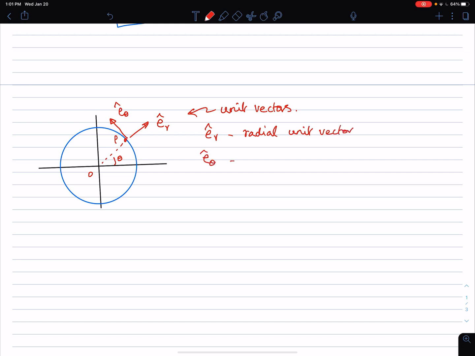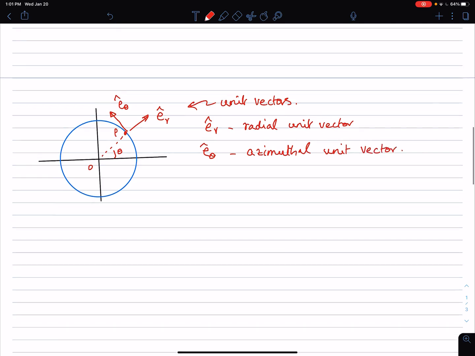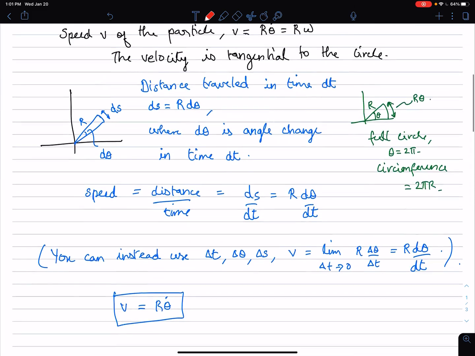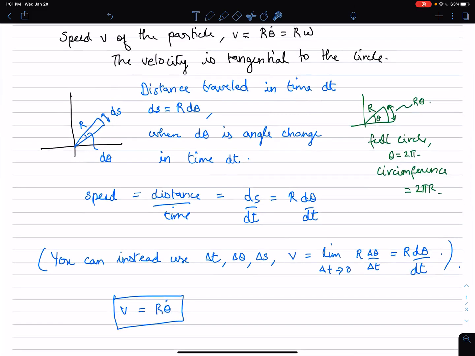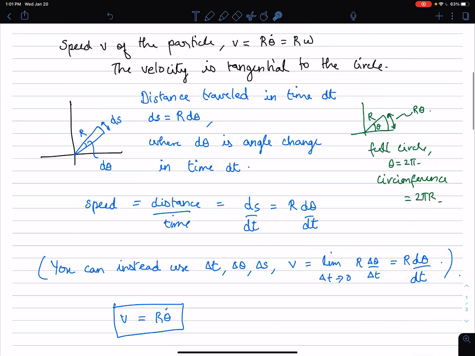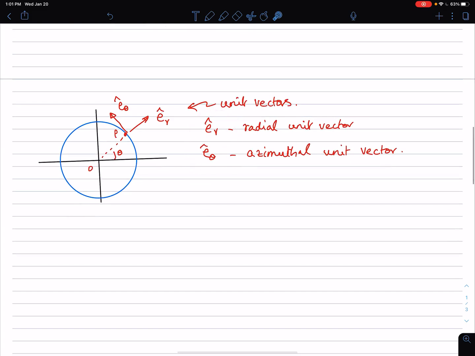E theta is sometimes called the azimuthal unit vector. Okay, so we've now defined unit vectors. Now let's actually convert these positions and velocities into vectors in terms of these unit vectors.